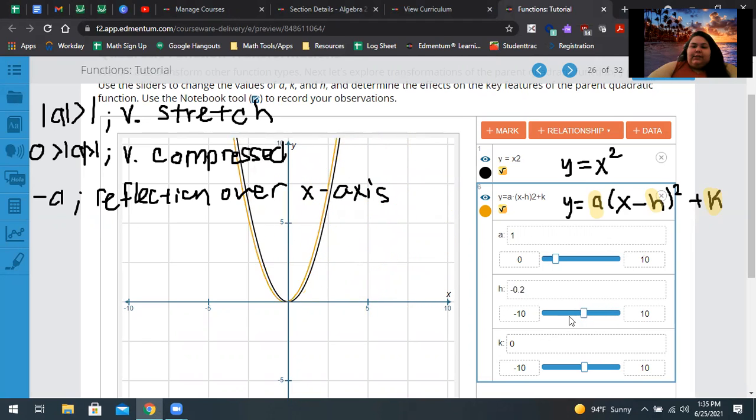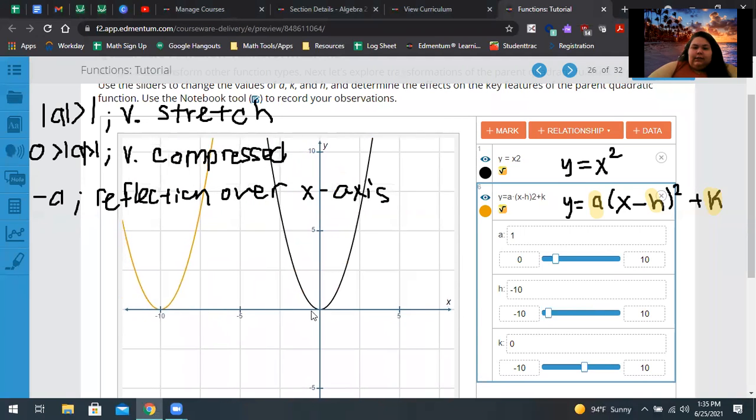What happens if I move it to the left? Say I want to move it to -10. The center used to be at 0. Now it's at -10. Keep in mind, I'm writing it out like this: x minus -10, right? Because that's H. That just comes out to x plus 10.